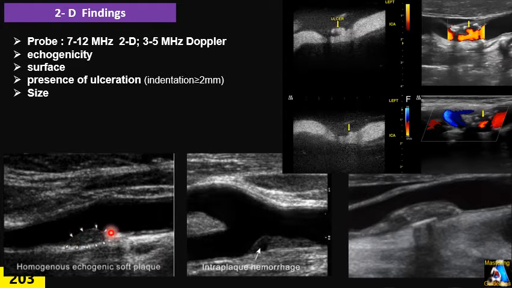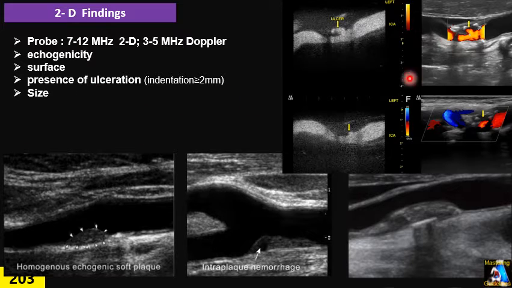Is it smooth and regular, or irregular and dentated? Is there any ulceration? Ulceration on the plaque is a high risk for embolus, because it can detach and go into the circulation to the brain.